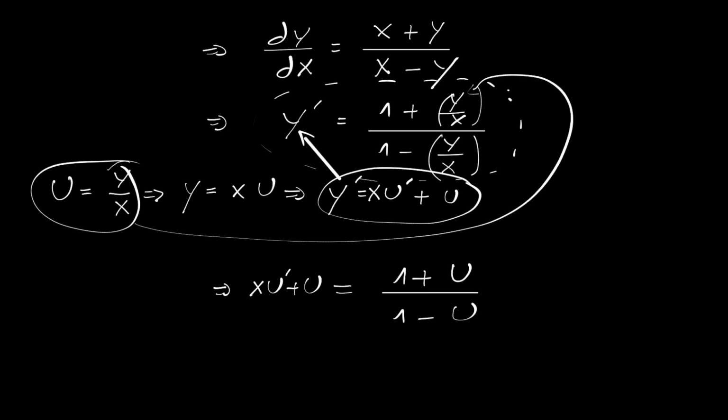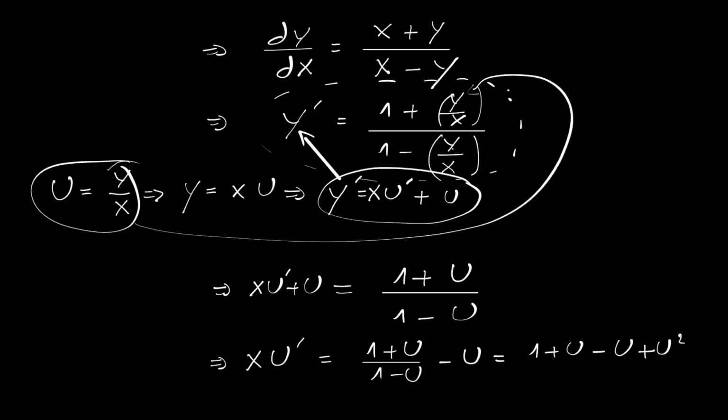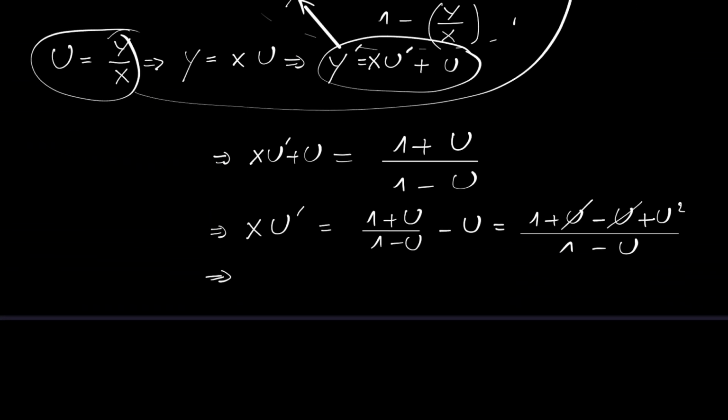Now we have to separate the variables. First, we add minus u. We put this with the same denominator, u minus u plus u squared. Then, sorry, I have to add another page.